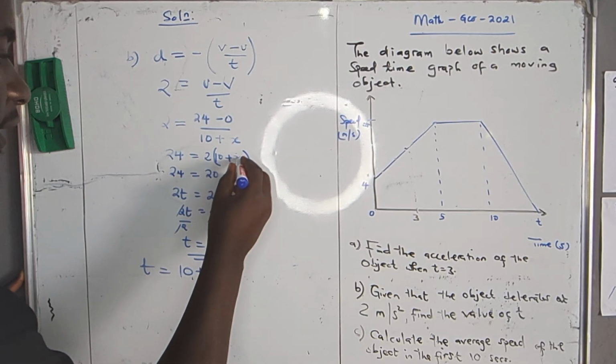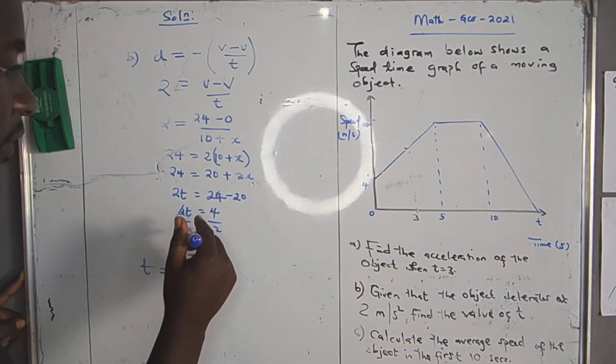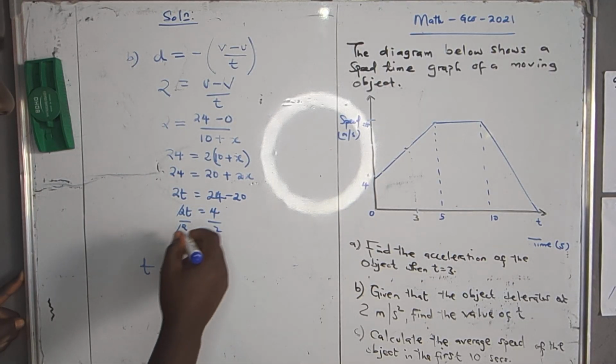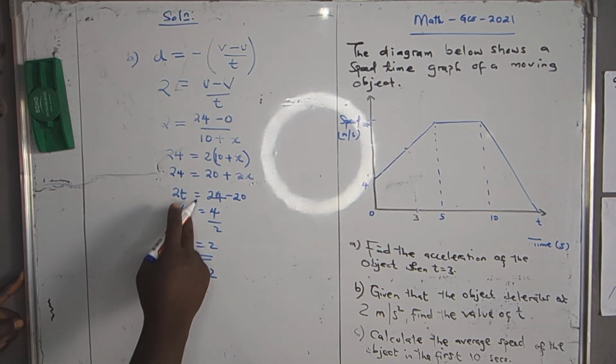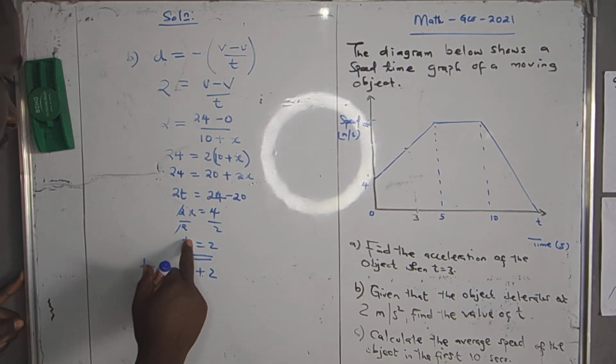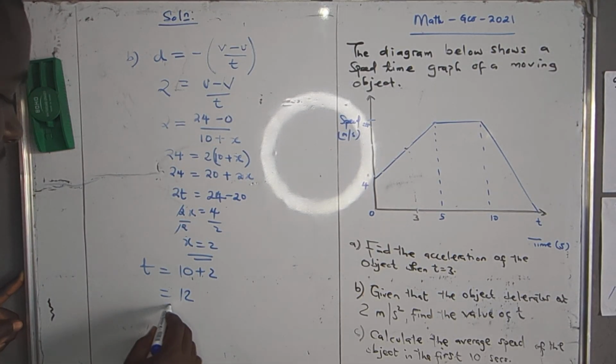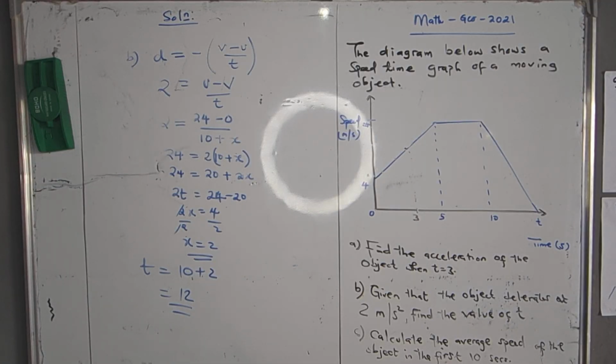So if we have to put x here, this is just the value of x. Now t becomes 12, like that. Hope this makes sense. Okay.